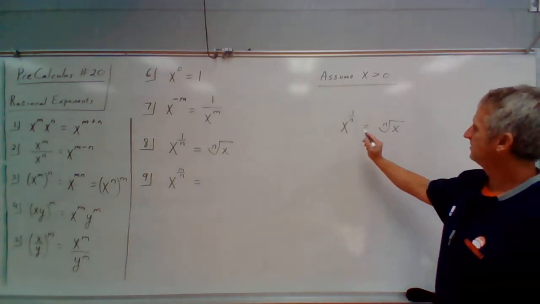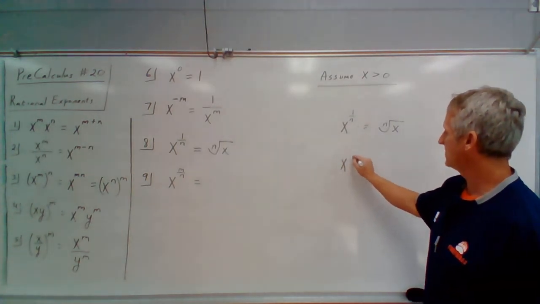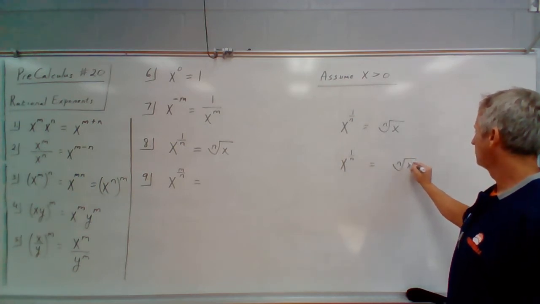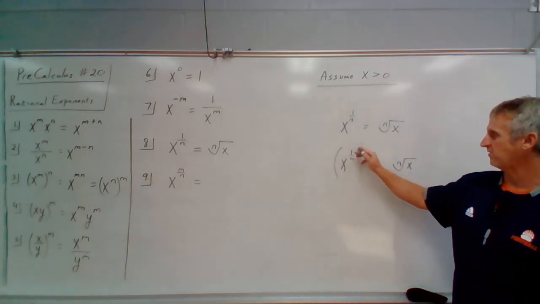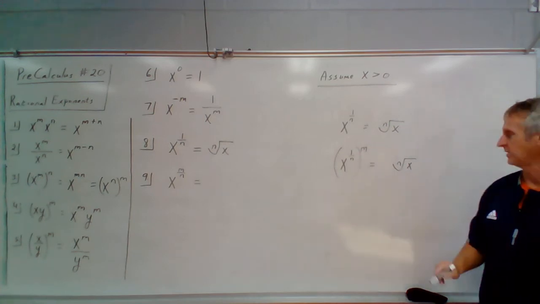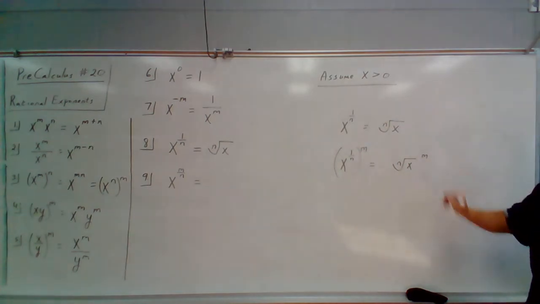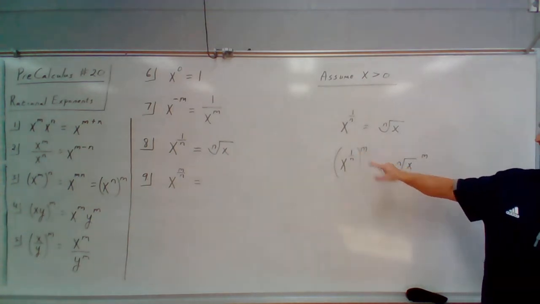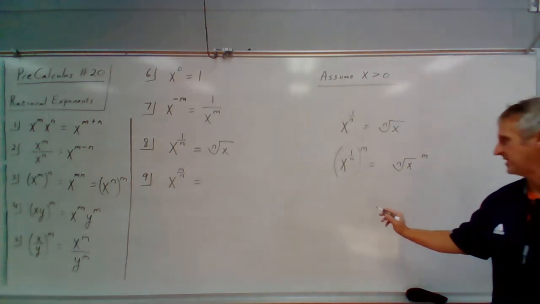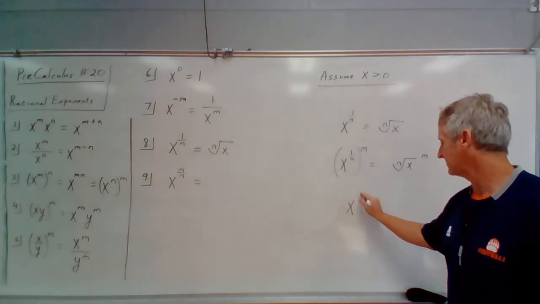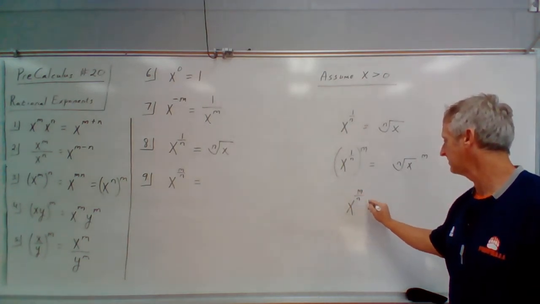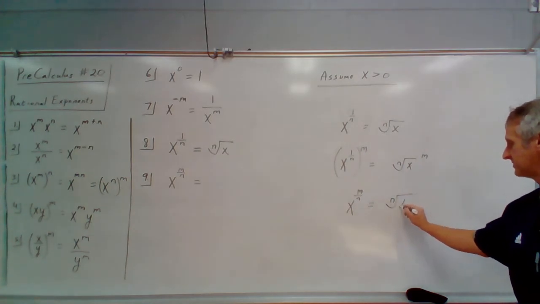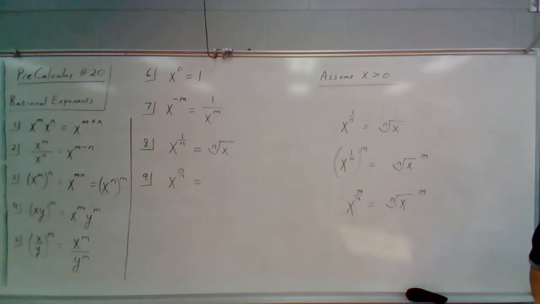Just for fun, let us raise both sides of this equation to the m power. So I'm going to raise that side to the m, and I'm going to raise this side to the m. Well, 1 over n times m is m over n. So I have x to the m over n equals the nth root of x to the m power.